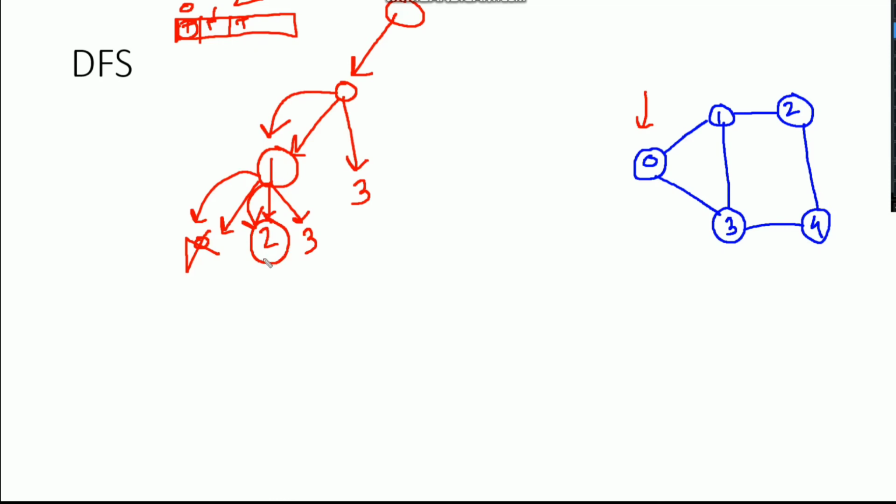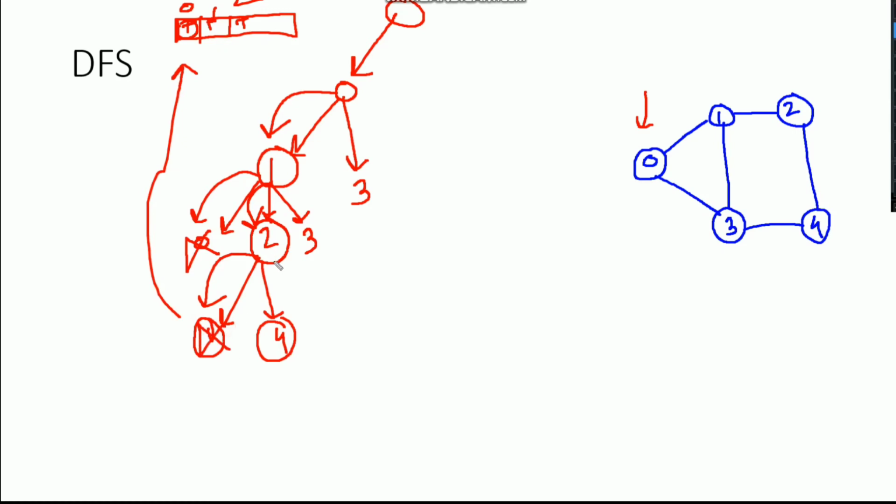Now from vertex 2, the adjacent vertices are 1 and 4. From 2, suppose I move to vertex 1. In the visited array, I will check whether vertex 1 is visited or not. Vertex 1 is already visited.